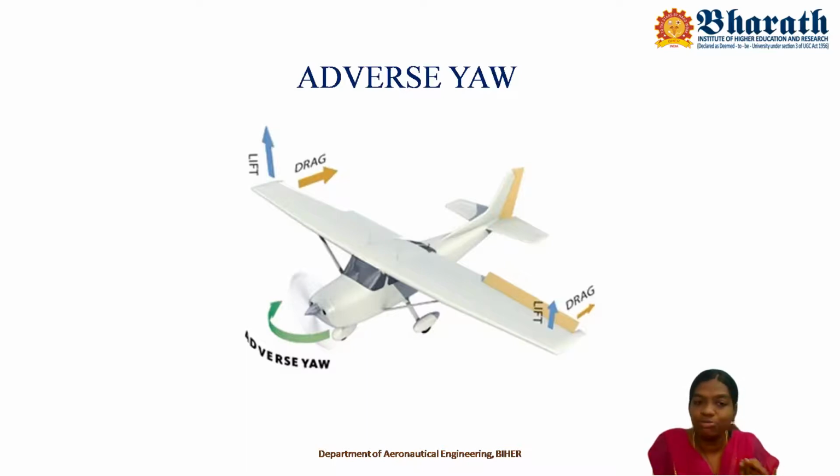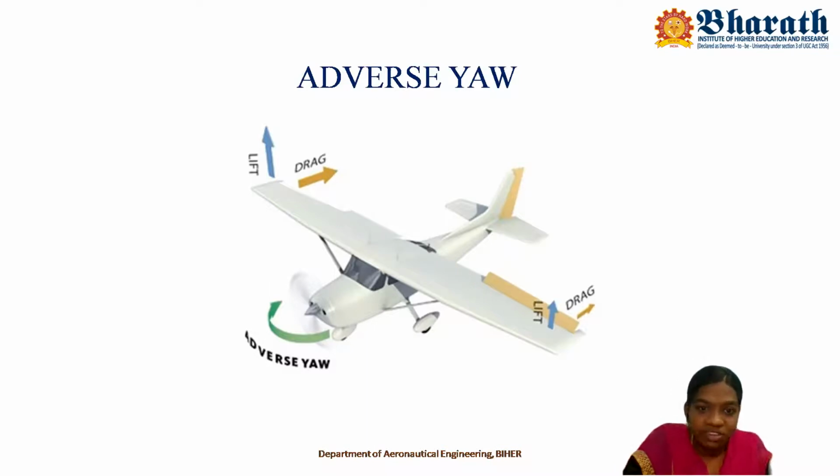When there is more lift, the lift induced drag will also be comparatively more. Looking at the aircraft from the position of the pilot, in the pilot's right wing the aileron is deflected downwards, and the pilot's left wing aileron is deflected upwards. We can see that in this sketch.